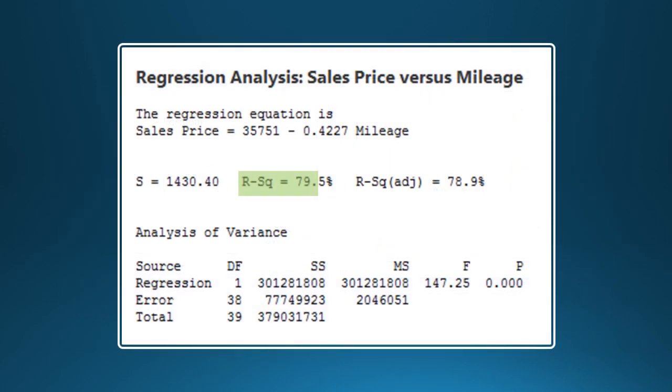To measure how much variability in the response is explained by the explanatory variable, we can use R-squared. R-squared is a value between 0 and 1 and is usually expressed as a percentage to make it easier to interpret. As a percentage, R-squared is a value between 0 and 100%.